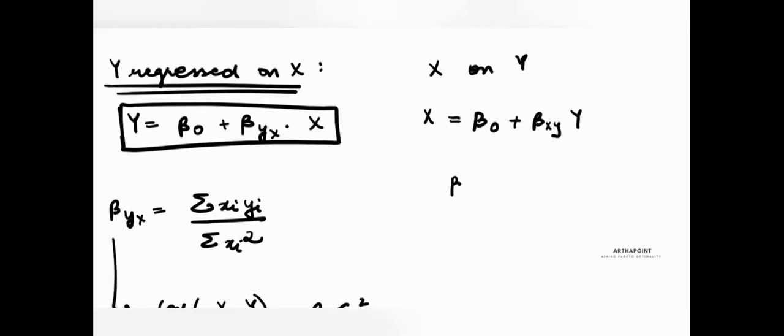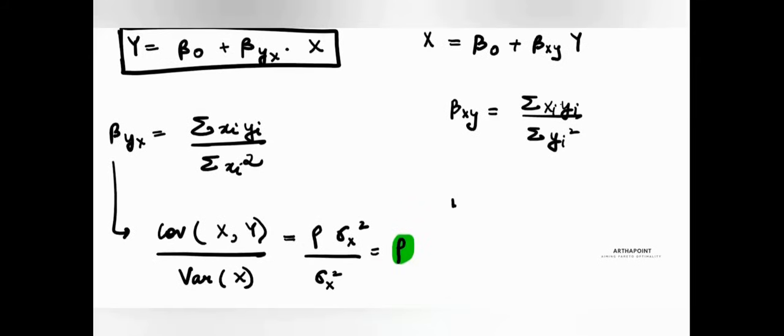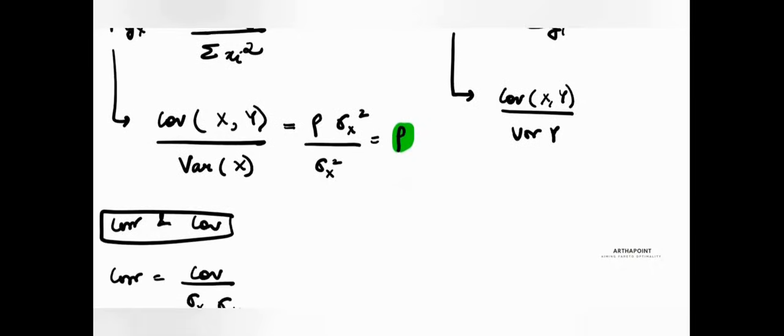When you regress x on y, the equation is x is equal to beta naught plus beta xy into y. Beta xy is given as summation xi yi upon summation yi square. Alternatively, you give this as the covariance between xy upon the variance of y.